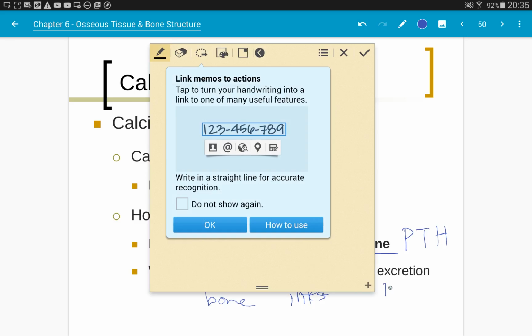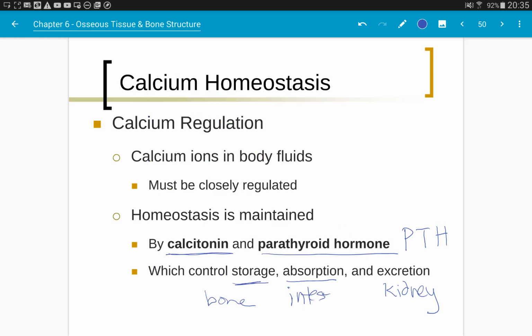Excretion is at the kidney. So these are the three main areas that are affected by these two hormones.